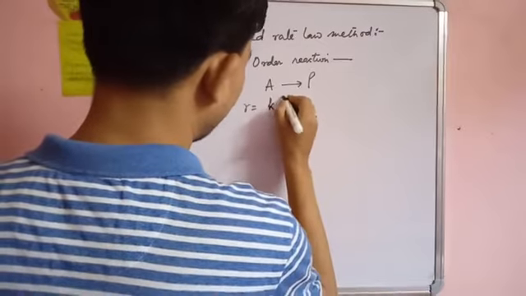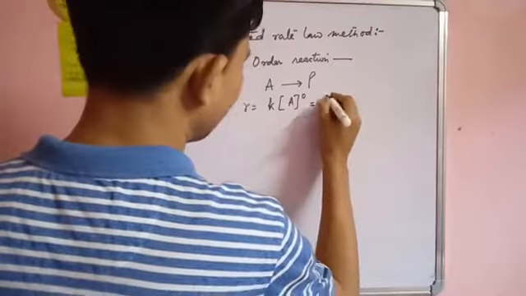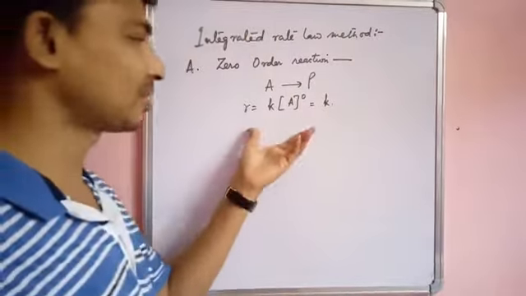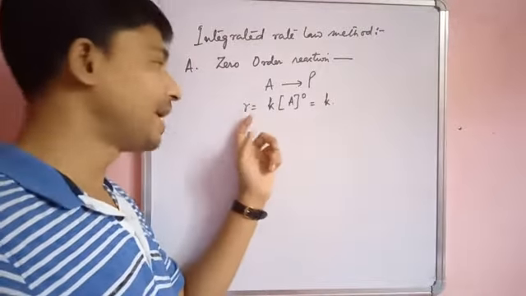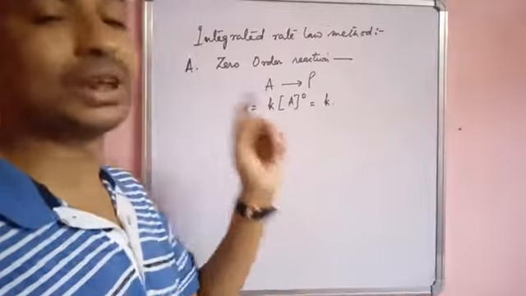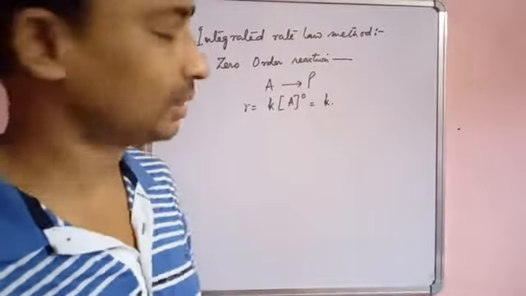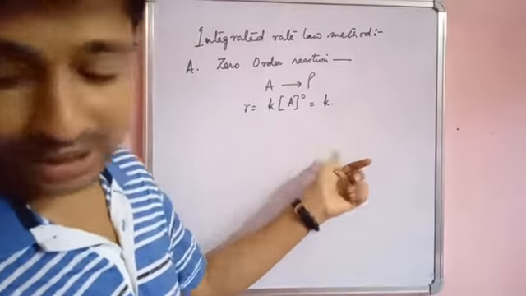R is equal to K concentration of A to the power 0, means R is equal to K. The concentration term is not used in our final rate equation, means that the rate of reaction is independent of the initial concentration of reactant. So this type of reaction is said to be zero order reaction.